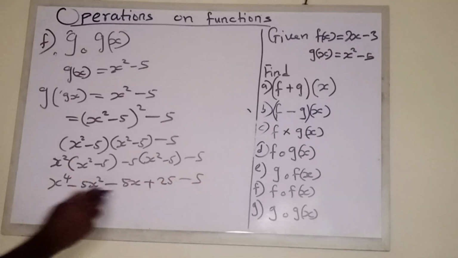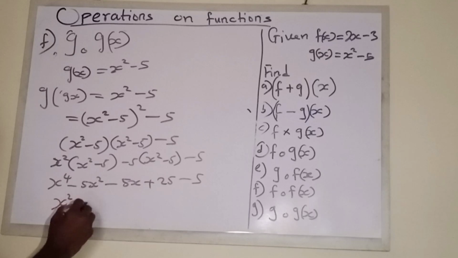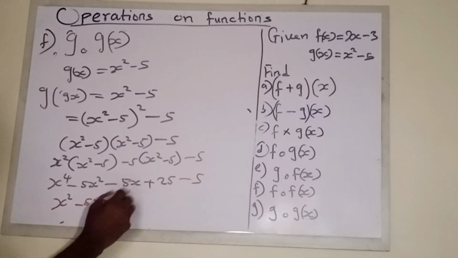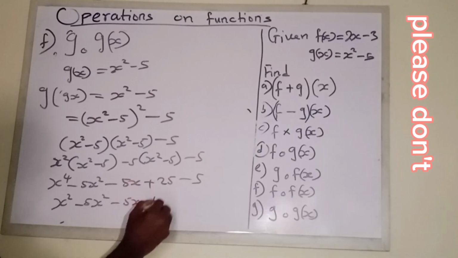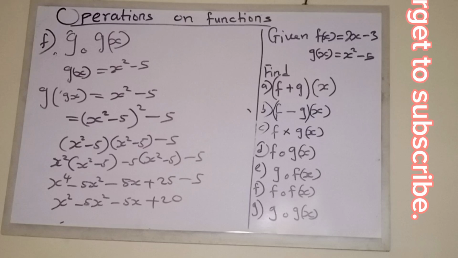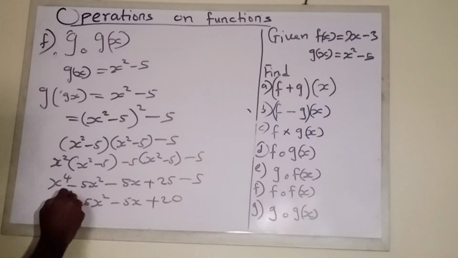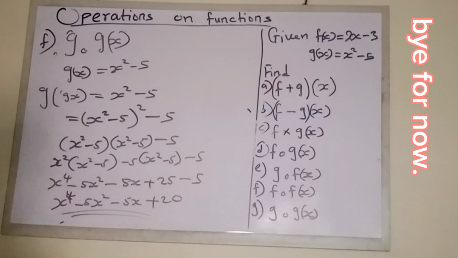So at this point we have x to the power of 4 minus 10x squared, and 25 minus 5 gives 20. Is there a factor? No, there is no factor here. So we can leave our answer this way.